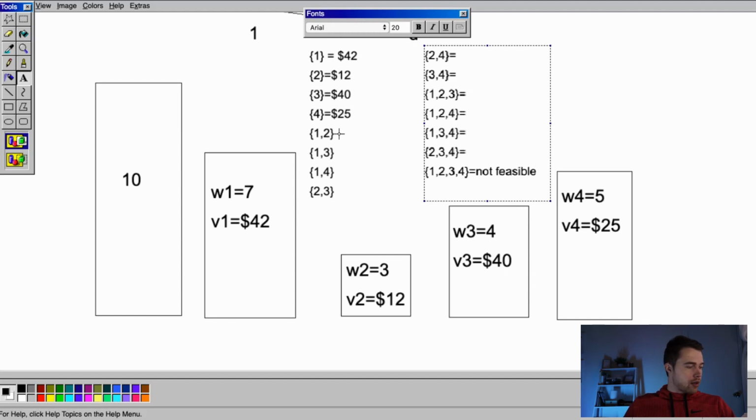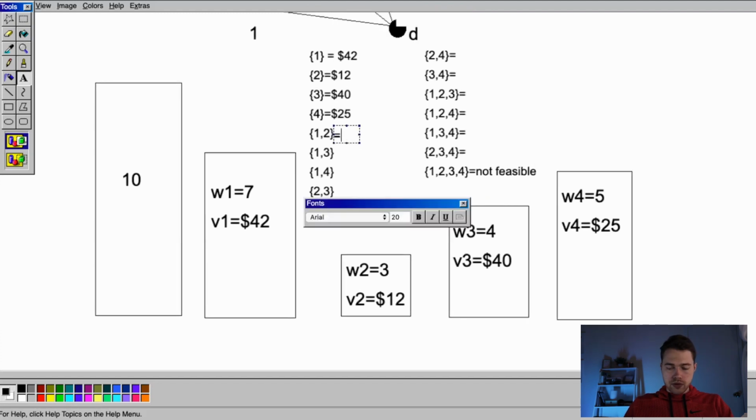Now 1, 2, I think that will also work. It'll be 52 bucks. Now 1, 3, 7 plus 4 is not going to fit into a 10 pound knapsack. 7 plus 5 is also not going to fit. So if I calculate all of them and eliminate all options which weigh too much, I will see that with the third item and the fourth item, I'm going to have the biggest amount of money I will steal, which will be $65.